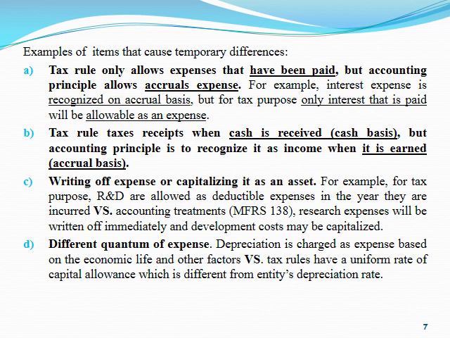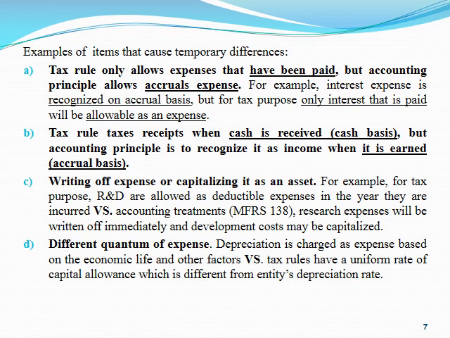B. Tax rules tax receipts when cash is received, cash basis, but accounting standards or principles recognize it as income when it is earned, accrual basis. C. Writing off expense or capitalizing it as an asset.